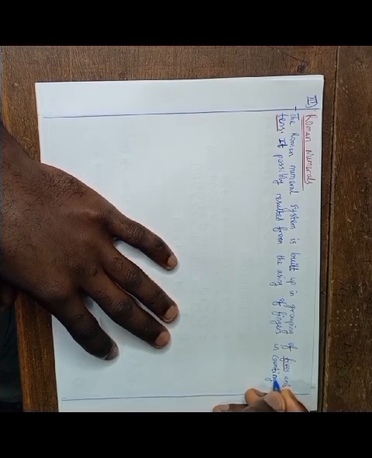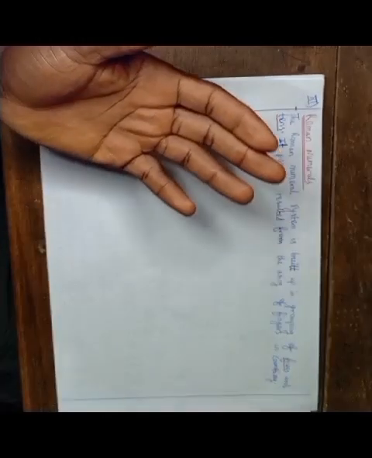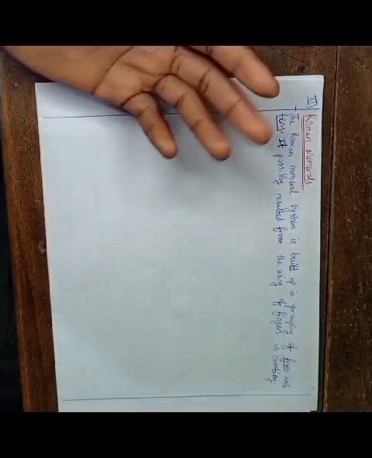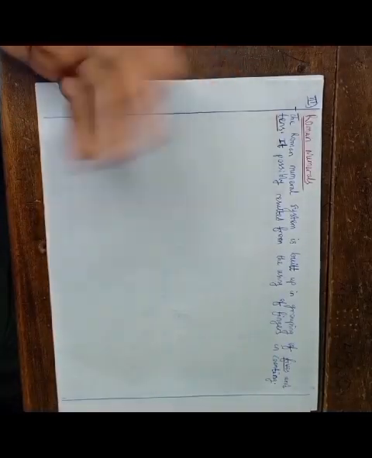So the Roman numerals possibly resulted from the using of fingers to count.